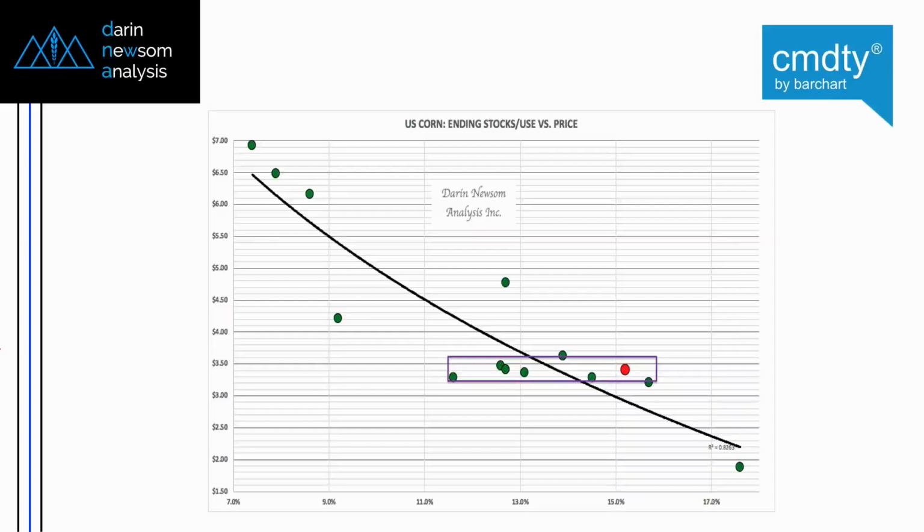But if we did go out to about 17%, if that's where we wind up at the end of August, when we get to the September 1 stocks on hand, which we won't see until the end of September in the quarterly stocks report, look where 17% would put us, at around 220, 250, somewhere in there.